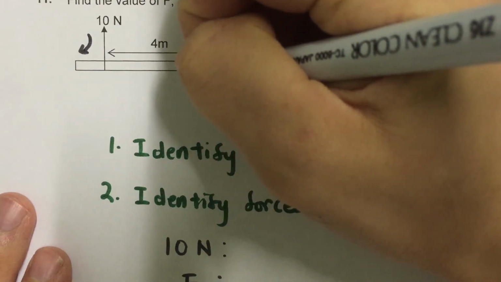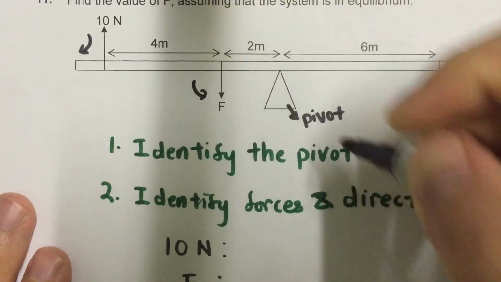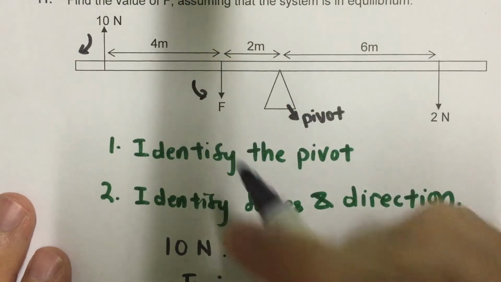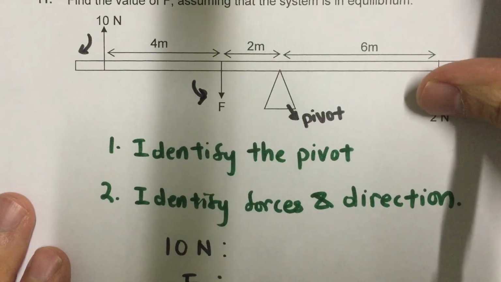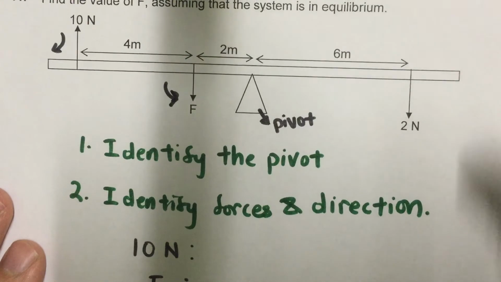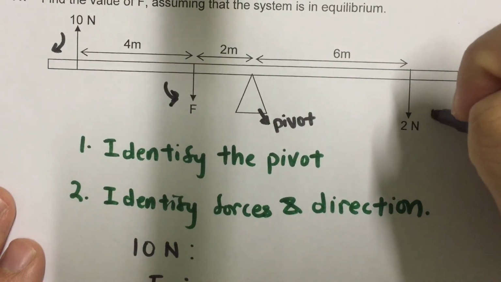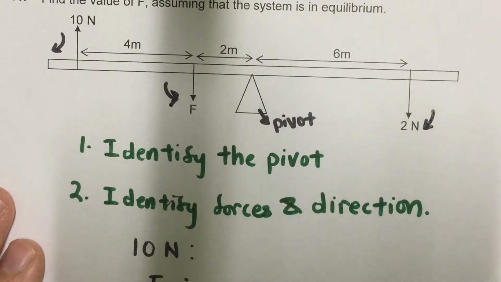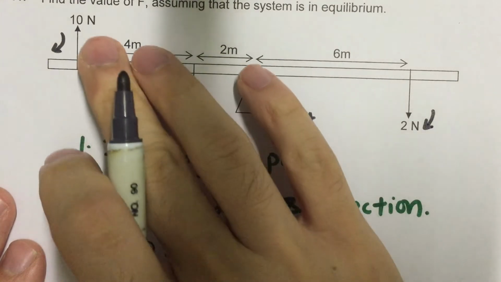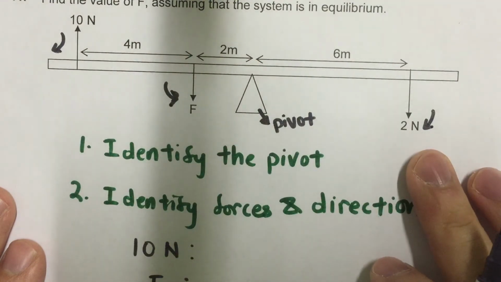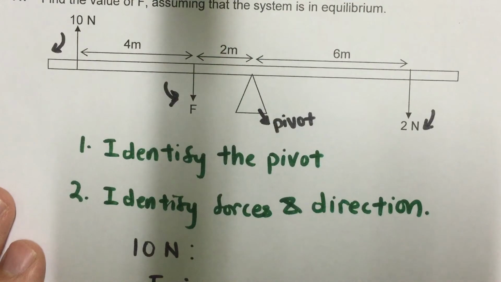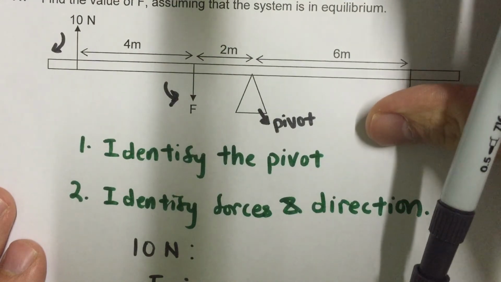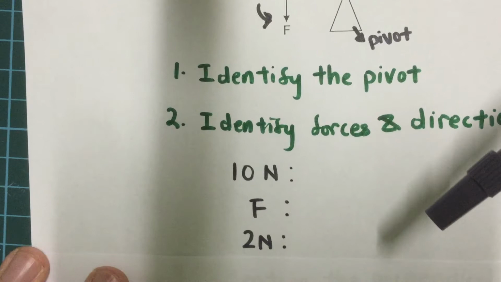It is anti-clockwise. Okay, and for the 2 Newton force, the direction would be clockwise. So we have 2 clockwise forces and 1 anti-clockwise force. So let us fill in the information right now.